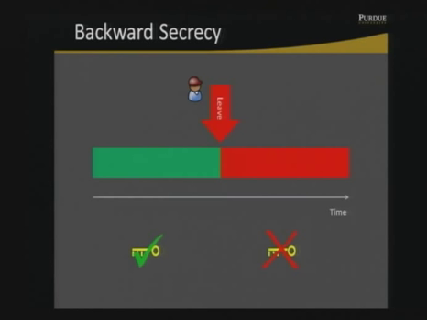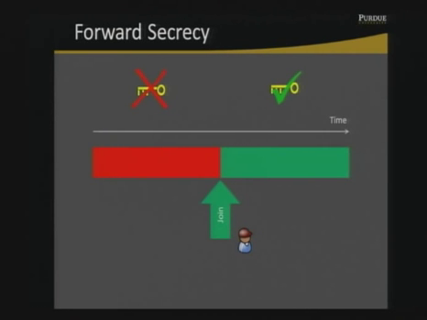This makes sure the user is not allowed to access keys after the user has left. And forward secrecy. Forward secrecy makes sure that the user cannot access historic data. Some systems allow users to access historic data, and some do not. It depends on the application.